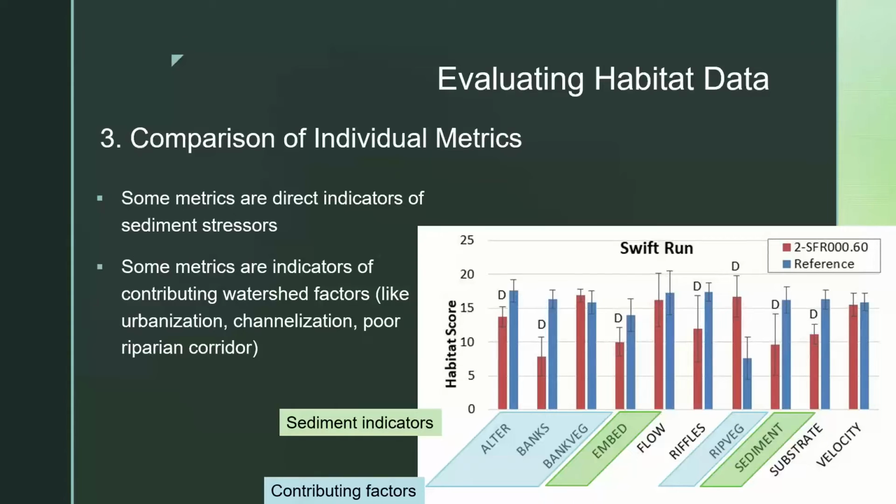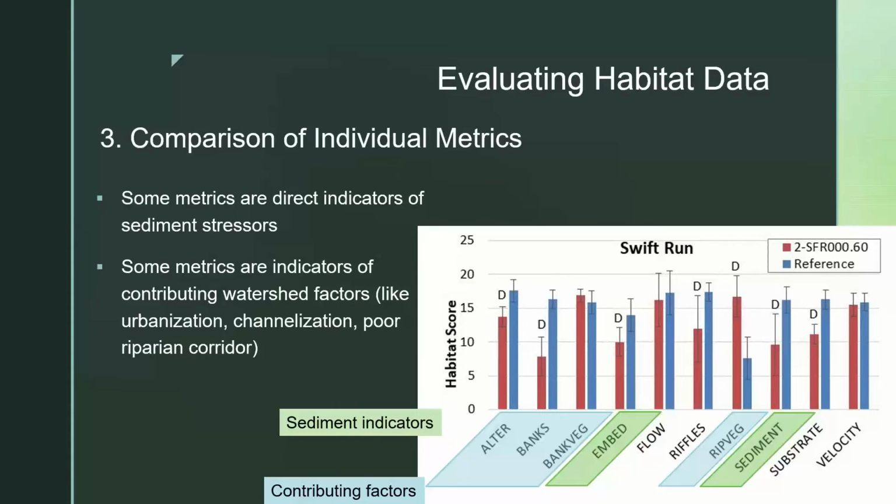But then some of the others, which are highlighted in blue, give us what we can call contributing factors. Things like alteration and bank vegetation, riparian vegetation, those aren't telling us what the condition of the in-stream sediment is like. They're telling us what's happening up on the banks. Now, obviously, the two are related.